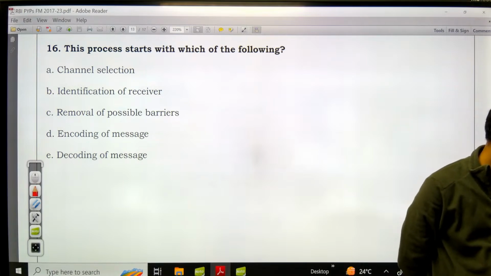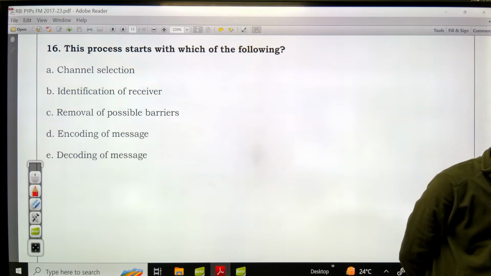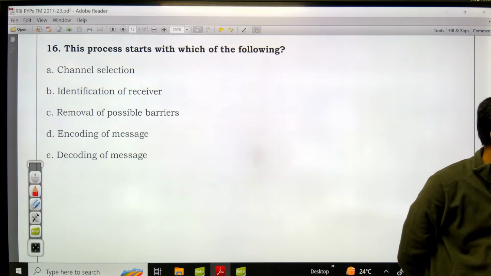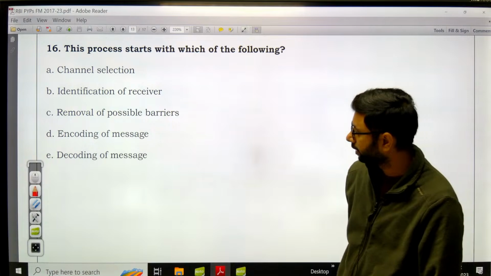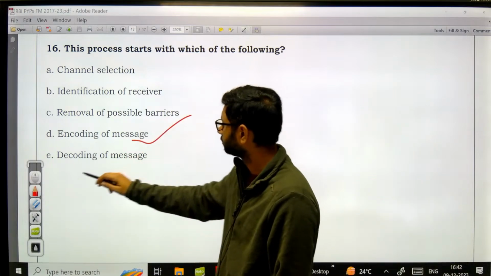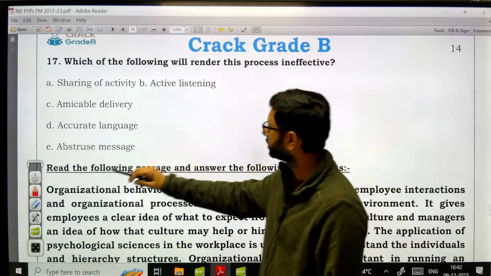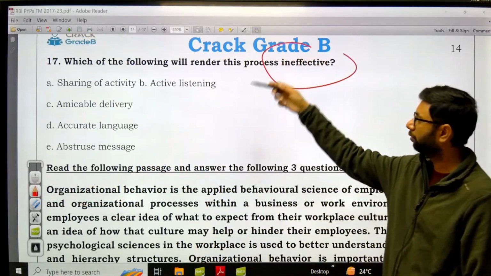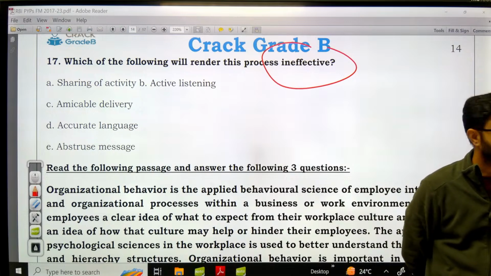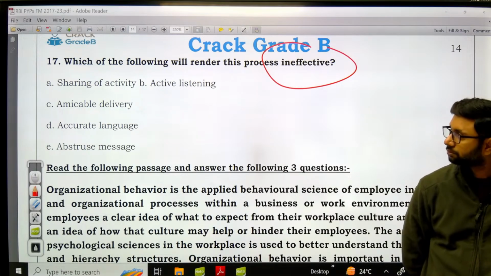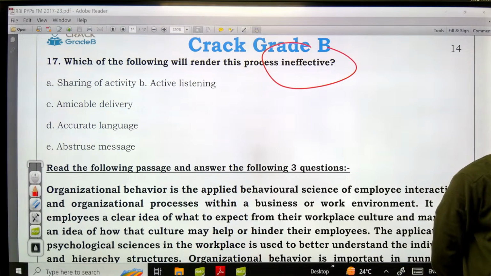How will you start it? Encoding the data. Very good. Which of the following will render the process ineffective? What will make the process ineffective? Yes, correct. E.